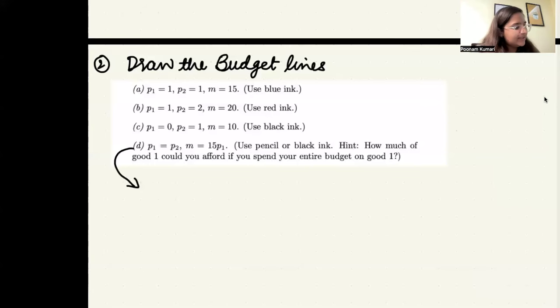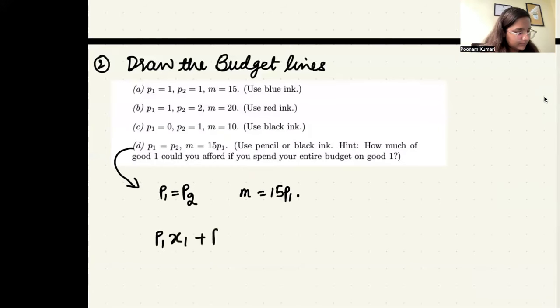If your prices are the same, P1 is equals to P2 and your income is 15 times P1. So what is your budget line? P1 x1 plus P1 x2 is equal to 15 P1.